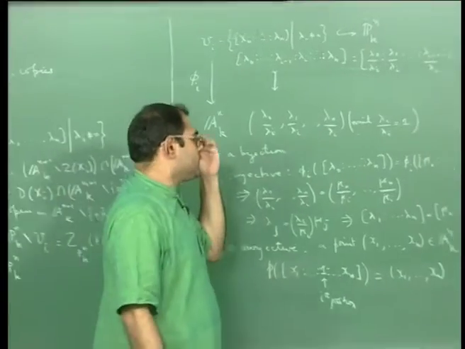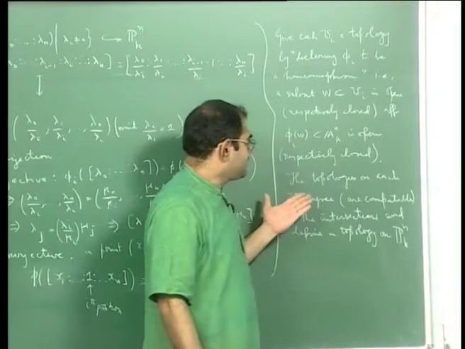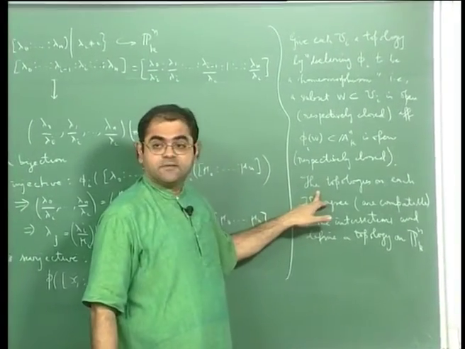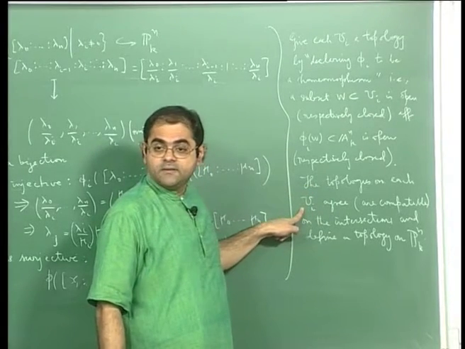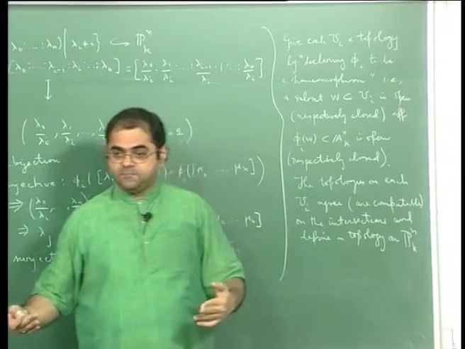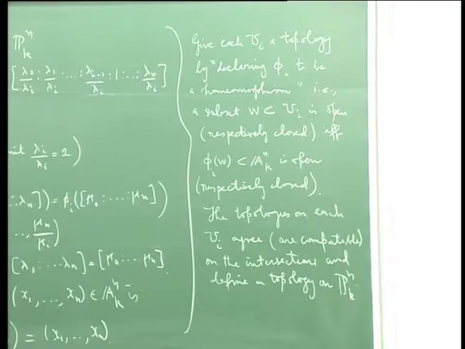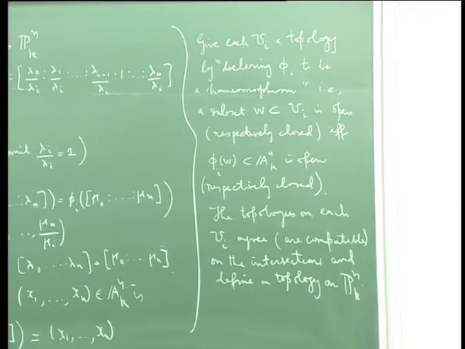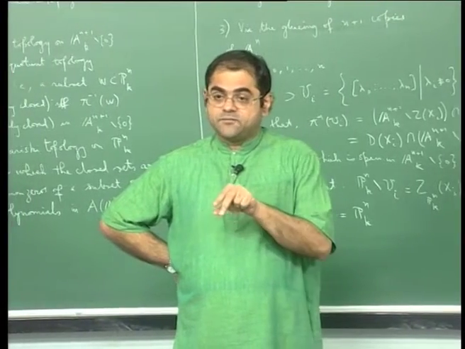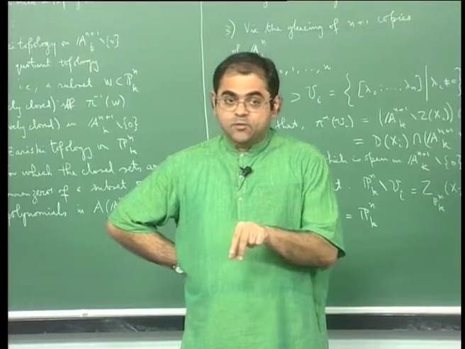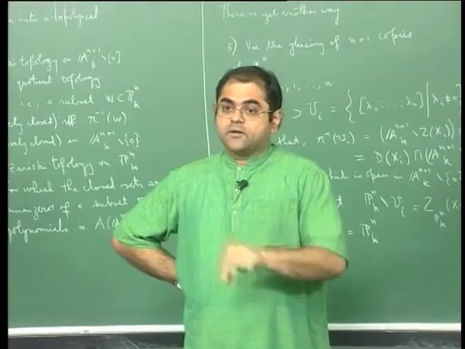Okay. So this has to be checked, that you have to check that the topologies on each UI are all compatible. So for example, if I take two different UIs, UI and UJ, it should not happen that a subset of UI intersection UJ is an open subset of UI and is not an open subset of UJ.